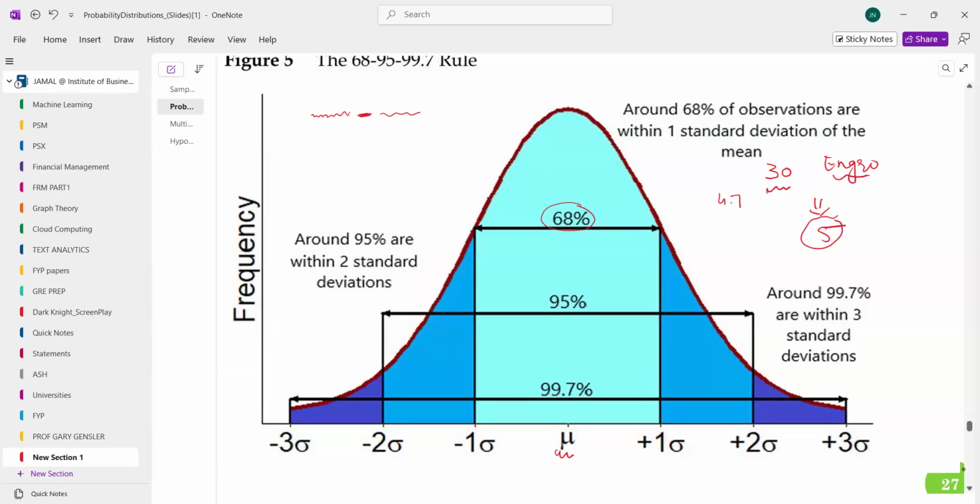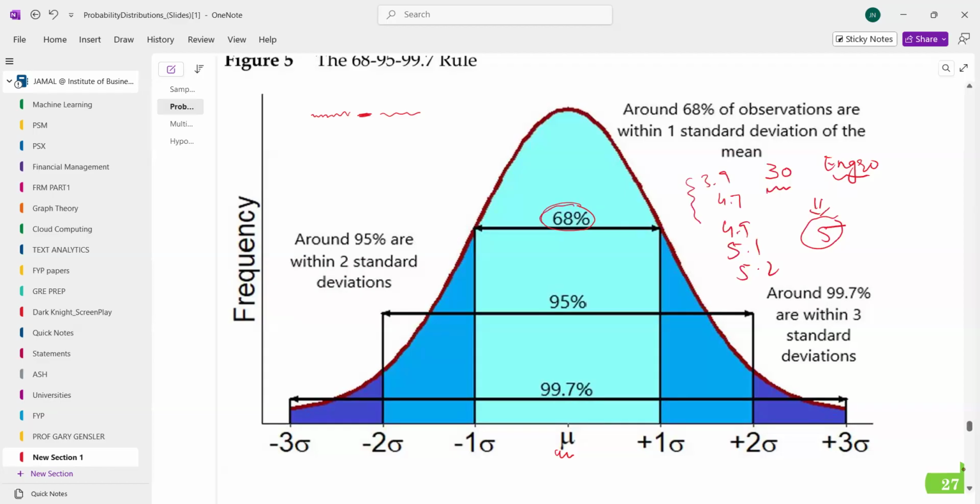For some day we will have 4.7, the other day we probably have 4.9, 5.1, 5.2, 3.9. For each day we will have a different record.